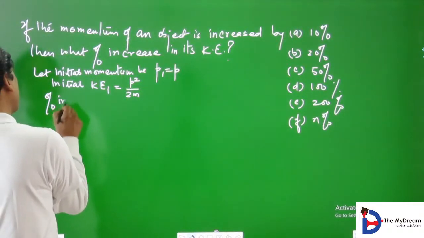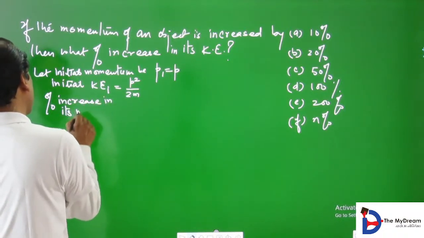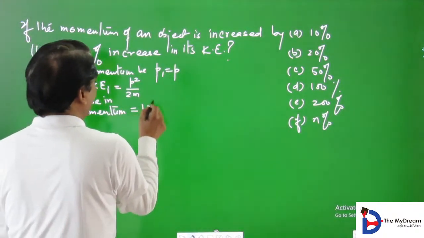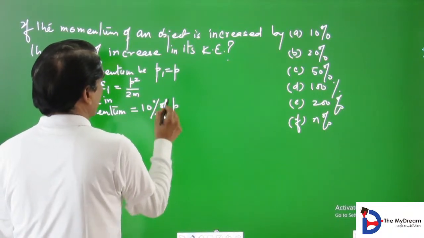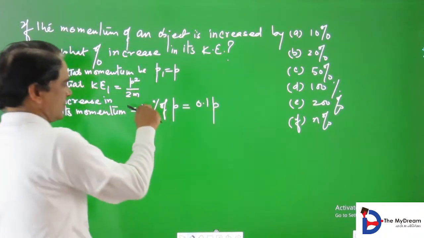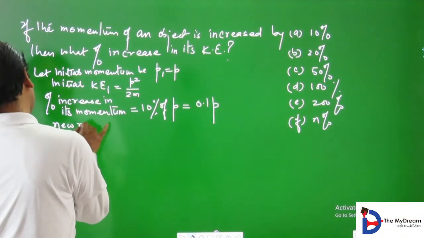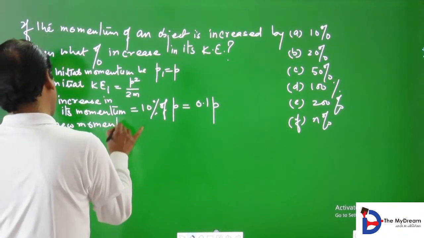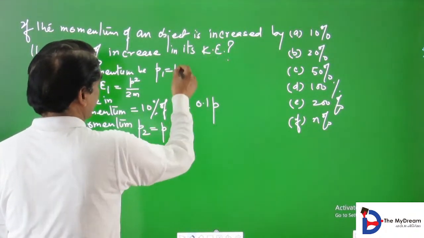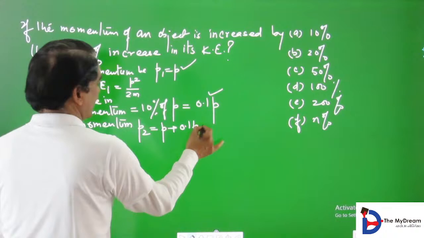Percentage increase in its momentum is 10%, that is 10% of previous, which is 0.1 P. It is divided by 100. So the new momentum P2 will be P initial plus the increase, 0.1, which is equal to 1.1 P.